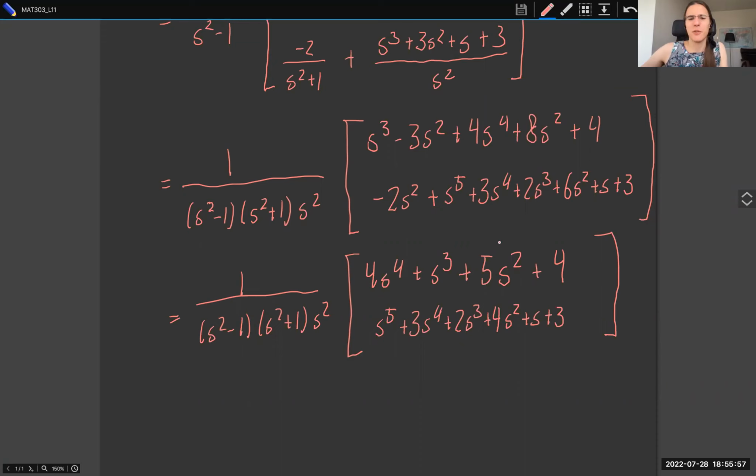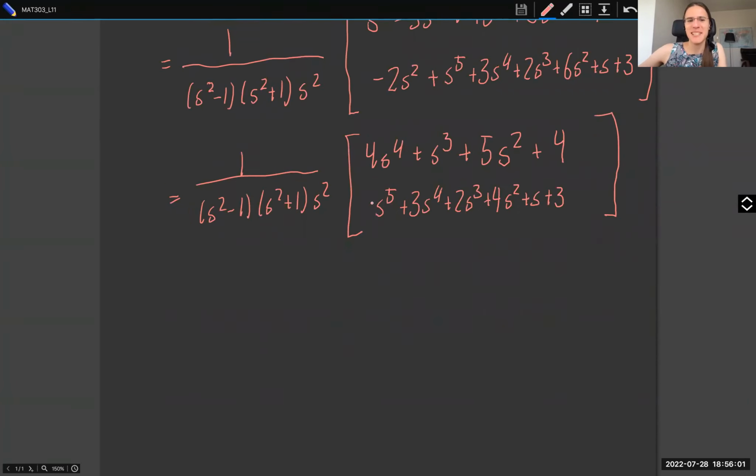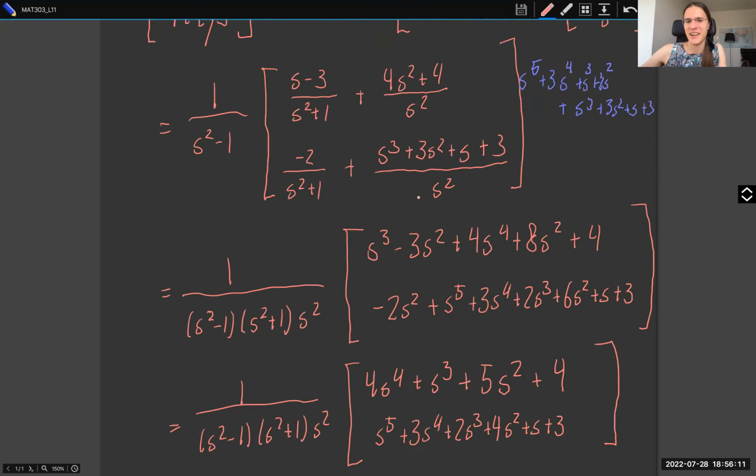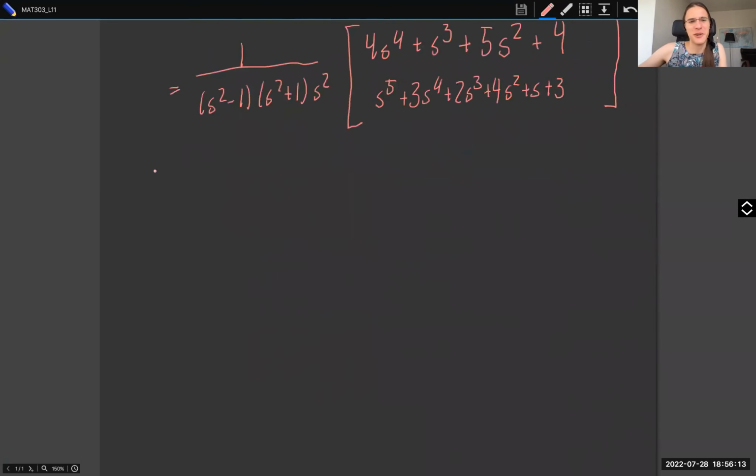And this is where I'm going to stop doing the problem. Because then we can partial fractions expand these, but this is a 6th order thing. So we're going to be solving a 6th order system in order to do this partial fractions expansion. And that just does not sound appealing. Well, let's say 2 6th order systems.